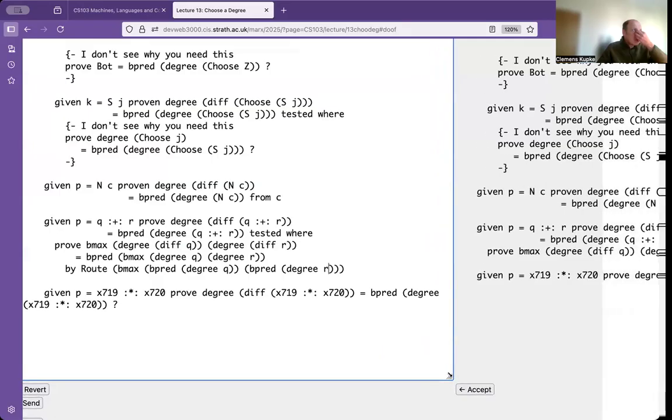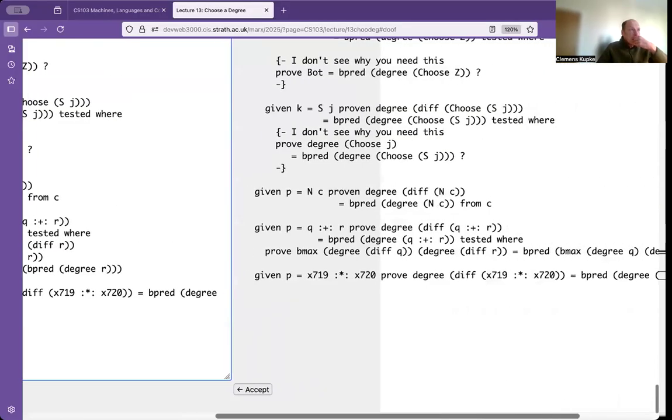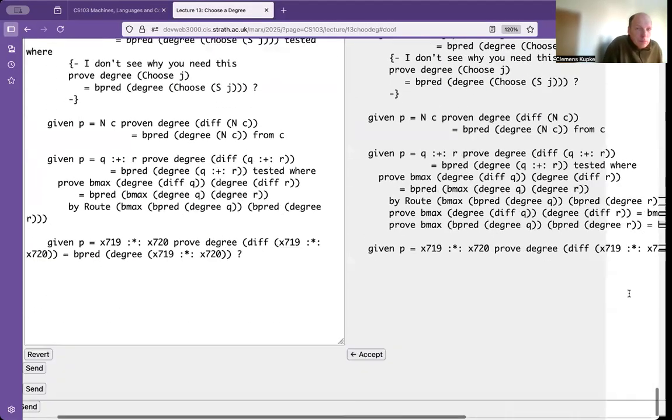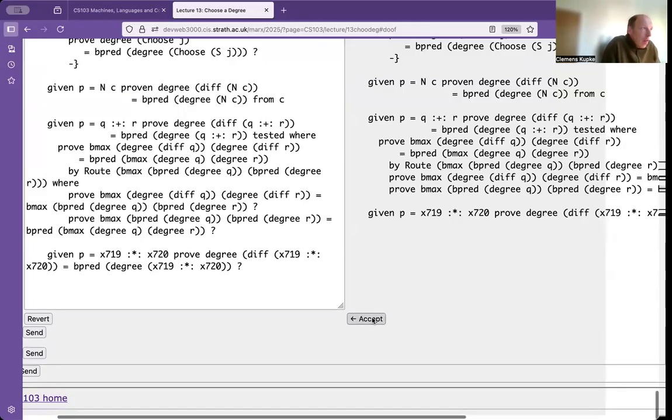Right. So all I've done is taken the left-hand side of the goal and replaced some sub-expressions by things I know are equal to those sub-expressions. Oops. So I know when I press send, I will get two sub-goals.